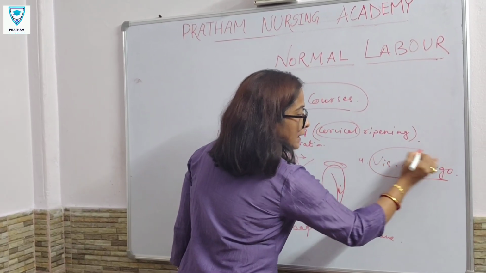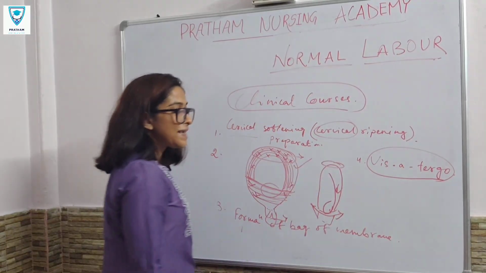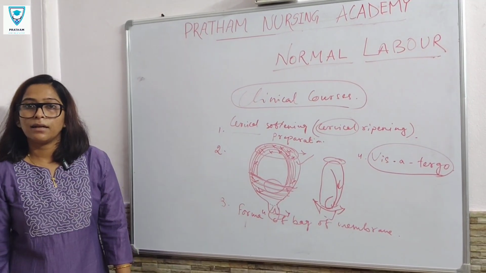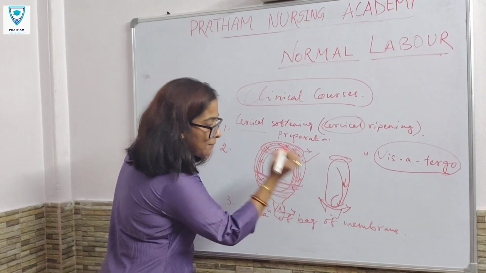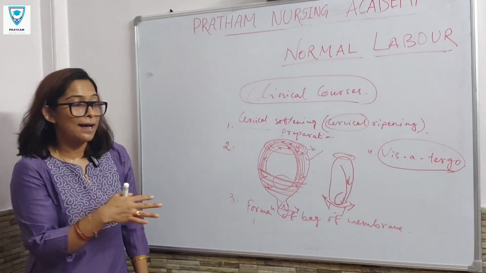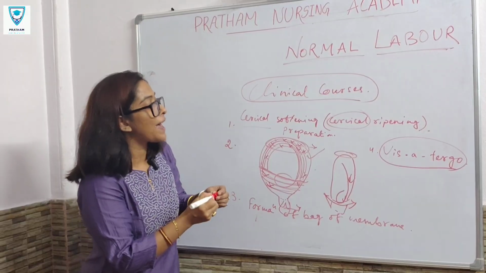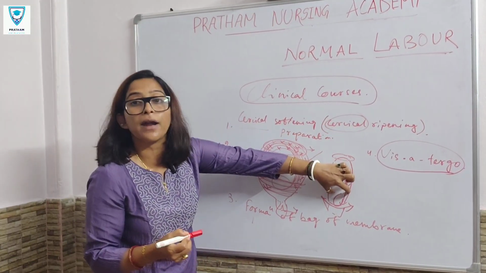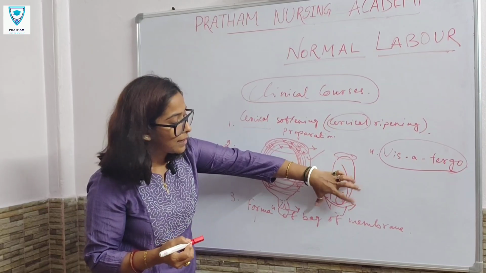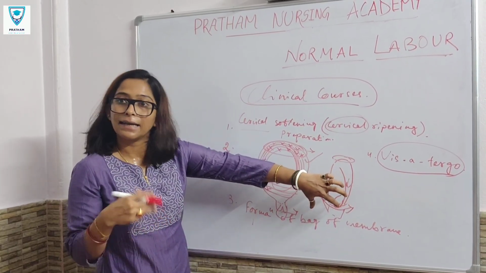It's not an English term. Vis a tergo means pushing from the back. That means the same thing I have already told: pushing from the back means the power of contraction travels from the podalic pole and gradually the cervix gets opened.